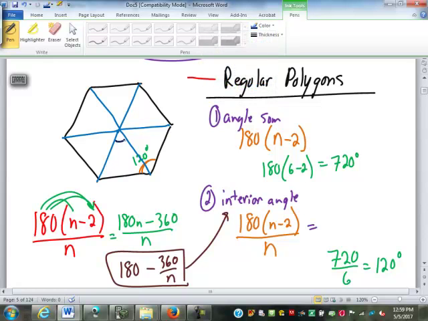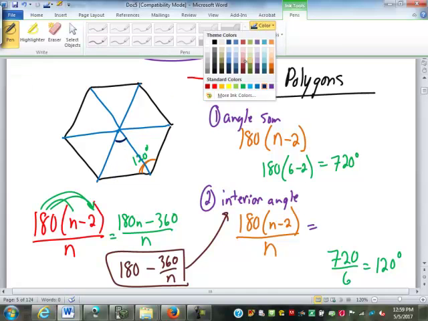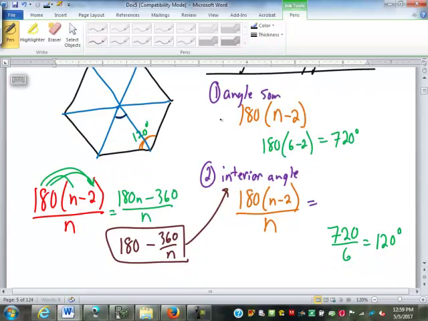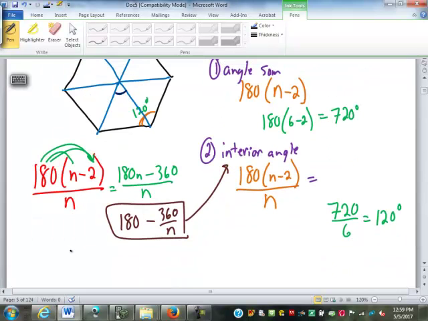What is this central angle here? How do I find it? Because normally it's 120, but that central angle is just 360 degrees divided by n sides.